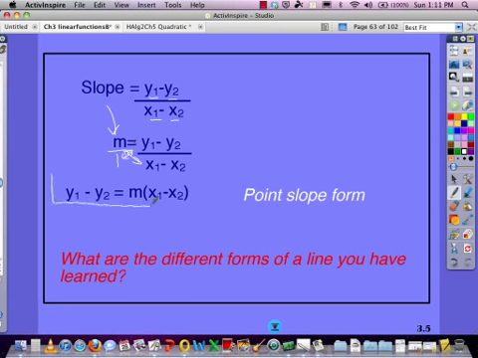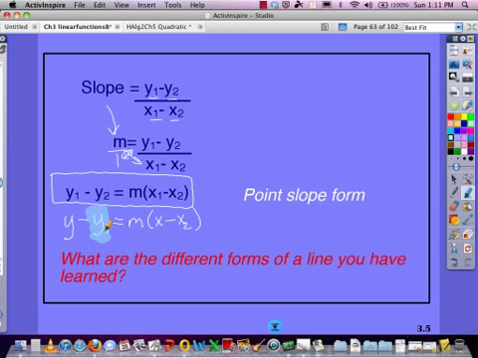This new equation would look like this. It is typically called point-slope form in our book, but we'll change it just slightly. We will make it y minus y sub 1 equals m times x minus x sub 1, where the x1 and the y1 will be where you put that point.